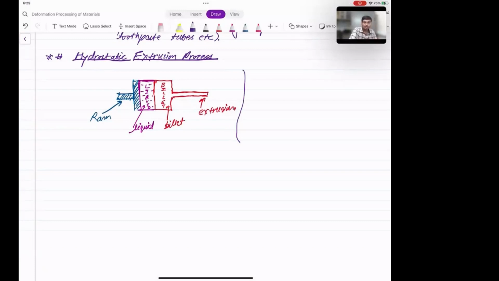So let me write it also that in this process, a uniform pressure is applied by some liquid on the billet.